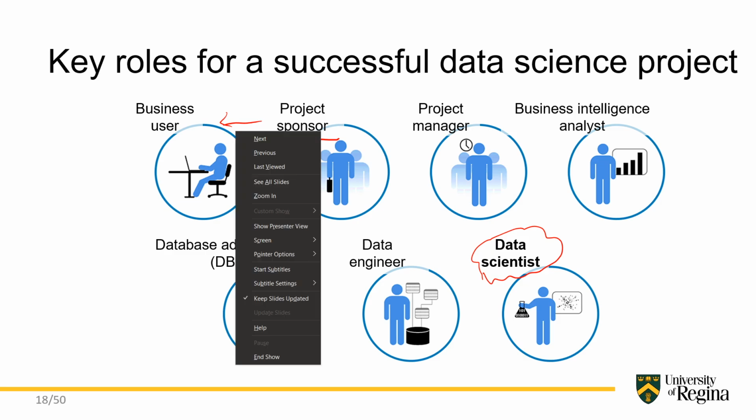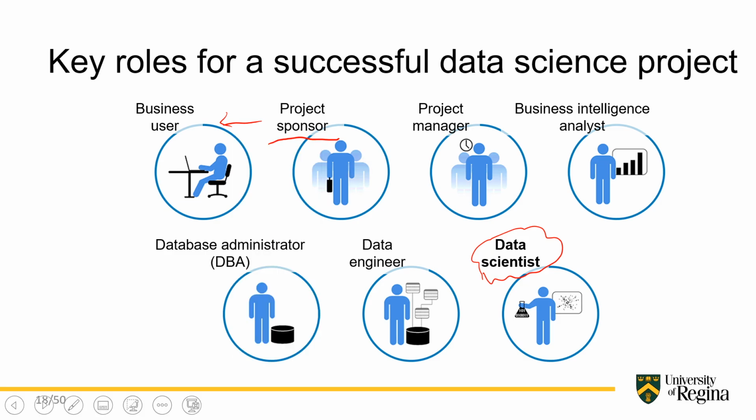So the project sponsor basically tries to solve a problem, approaches the whole team, and gives the problem to a project manager to be able to manage the whole project. The project manager tries to talk with everyone in the team to make sure that the project is going as planned.